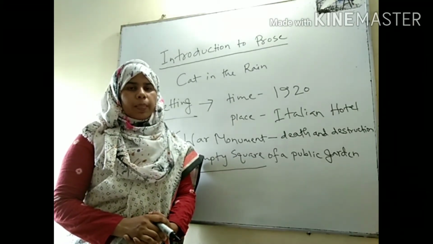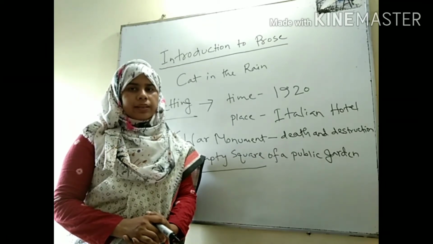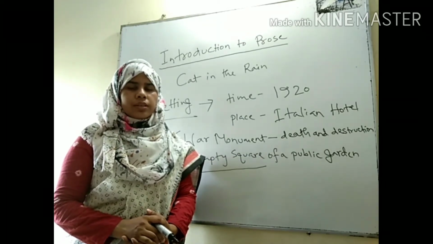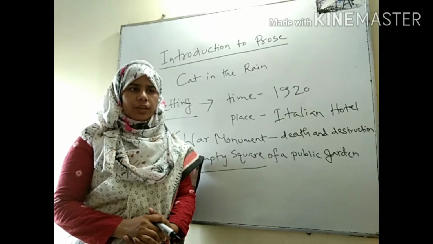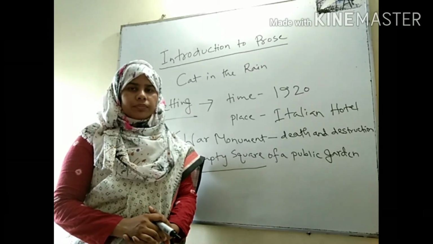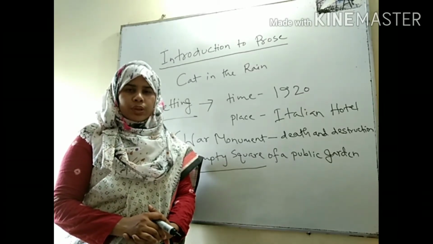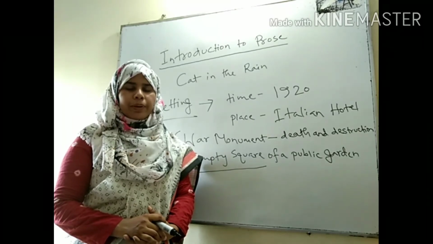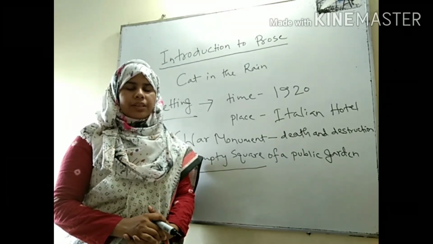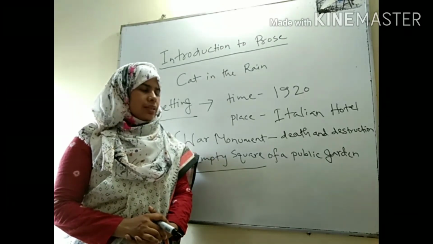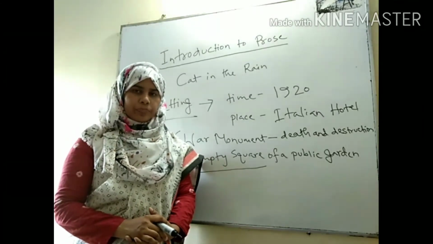And the wife replies that yes, she is looking for a cat. The maid begins to laugh, hearing the reply that in this rainy weather she is looking for a cat.